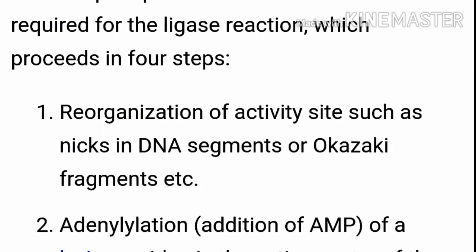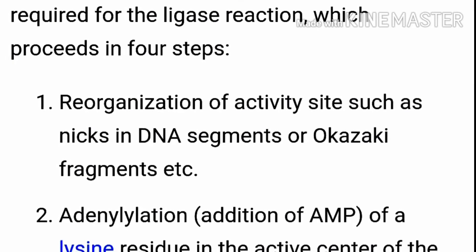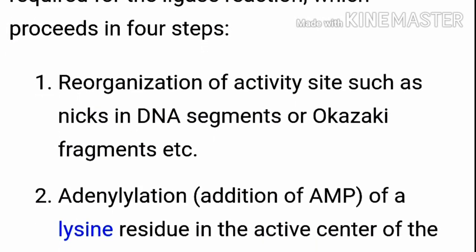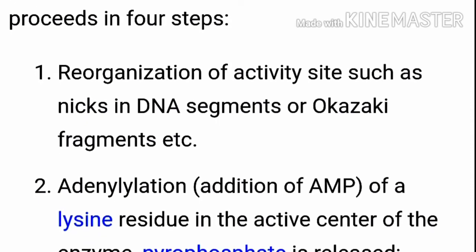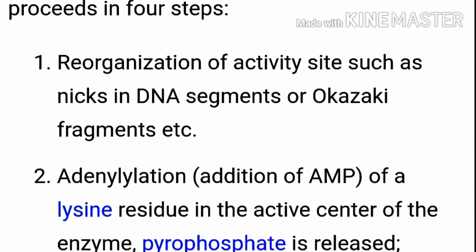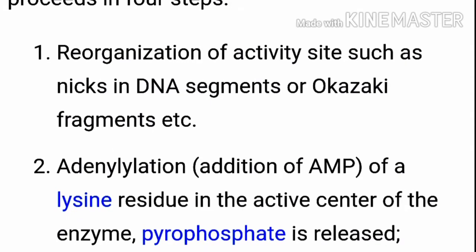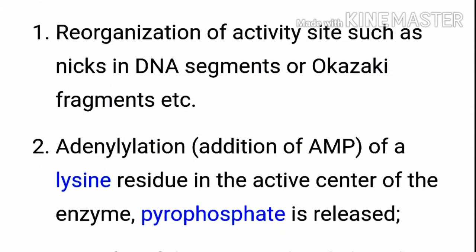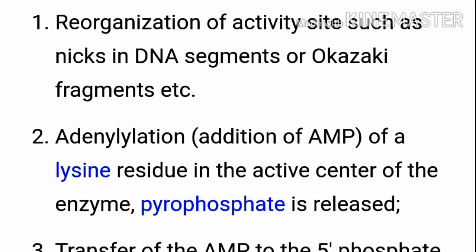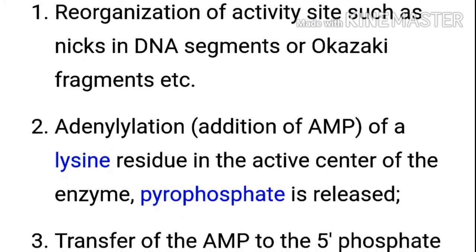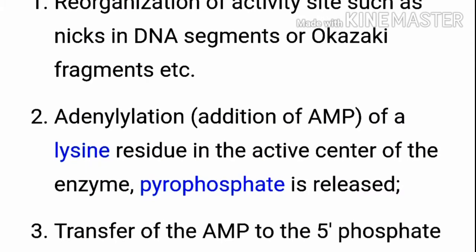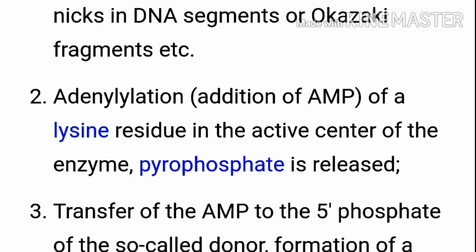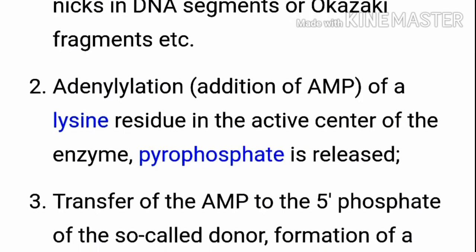At first, recognition of the active site such as nicks in DNA segments or Okazaki fragments, etc. Second step is adenylation, that is addition of AMP to a lysine residue in the active center of the enzyme. Pyrophosphate is released.